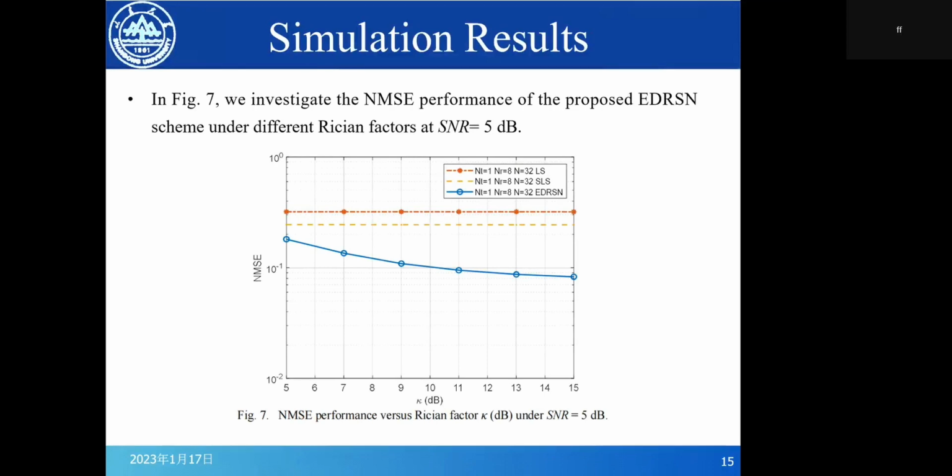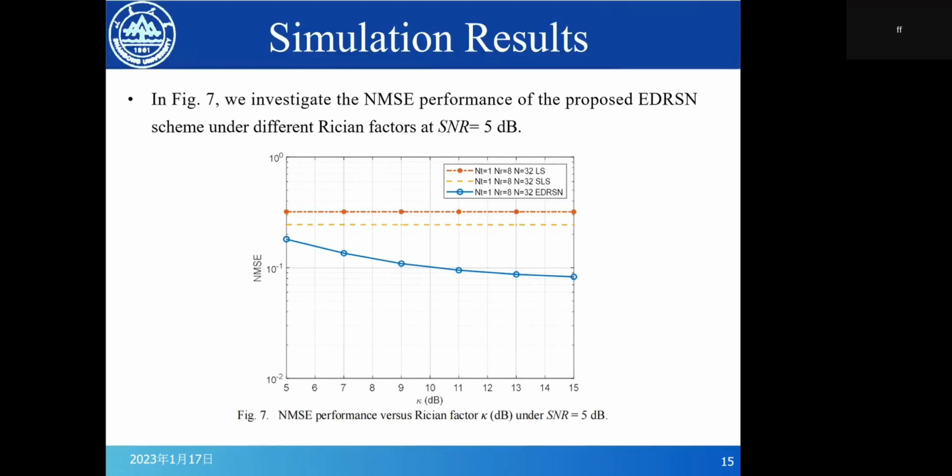In addition, since the EDRSN model is trained at kappa equal 10 dB, it is seen that the NMSE performance of the EDRSN scheme decreases when kappa is not greater than 10 dB, due to the fact that the channel state of the RIS to base station links becomes worse with small kappa.